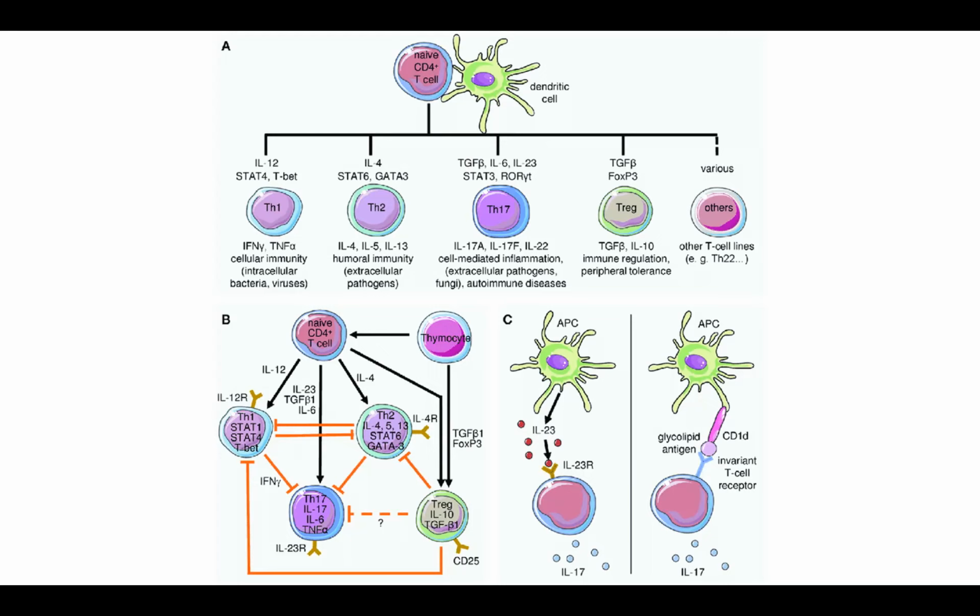If Treg is overproduced, then it suppresses the immune system too much, and hence you get AIDS-like syndrome. So if you have a disruption, let's say you have interaction between the dendritic cell and the naive CD4 T cell, right?